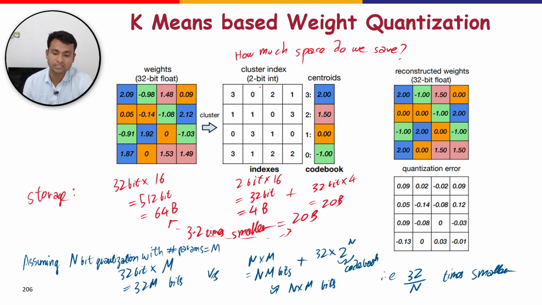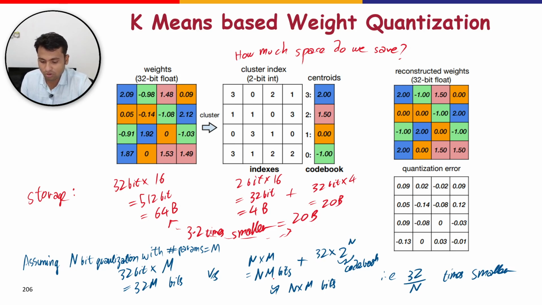In 4-bit quantization you can have 2 raised to the power 4 representations. So it is n into m bits, and along with that, in the code book, as we have discussed, there will be 2 raised to the power n entries, each having 32 bits.